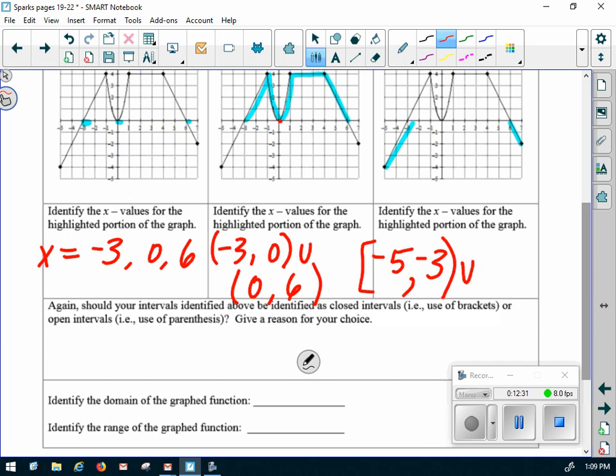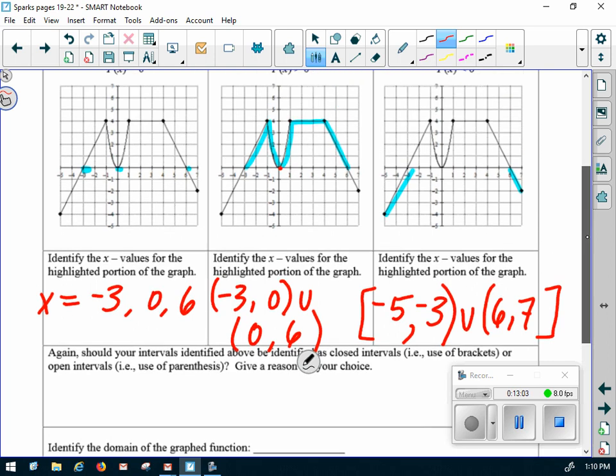And is 6 included? Is 7 included? Yes. Do parentheses or brackets matter? You bet they matter. I'll give a reason. We're going to skip that. I hope you know that.